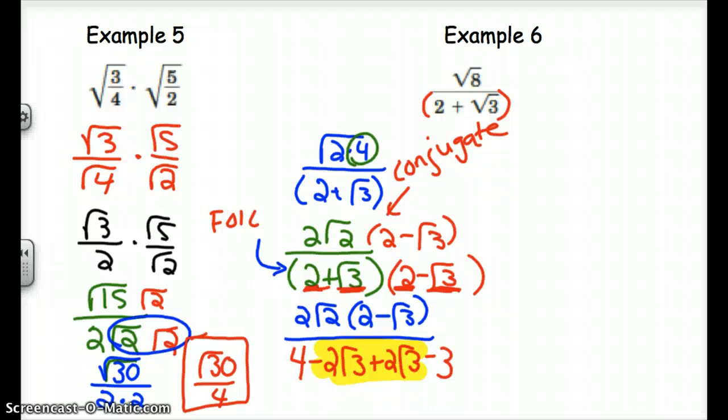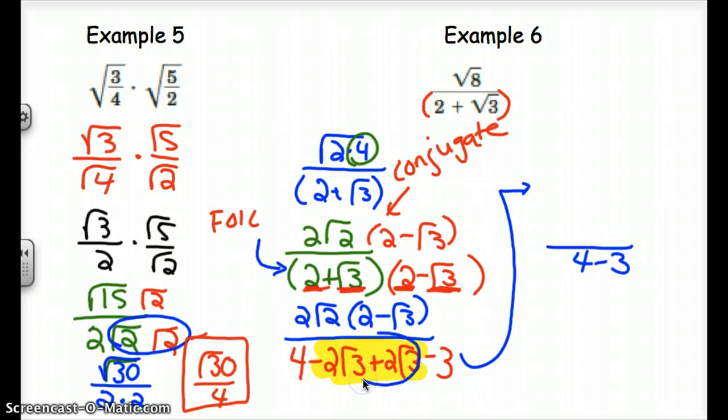So at this point now, I'm coming up here, I'm in another row, maybe you are too. On the bottom, I have 4 minus 3. These are gone. On the top, I have 2 root 2 times the quantity 2 minus root 3.